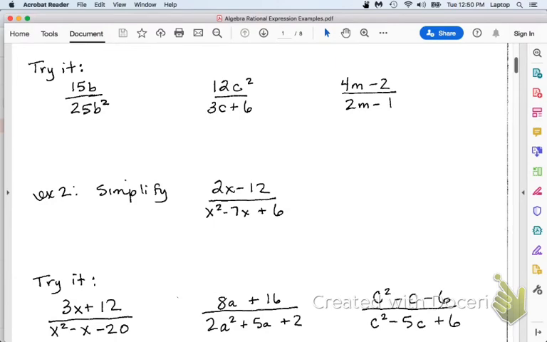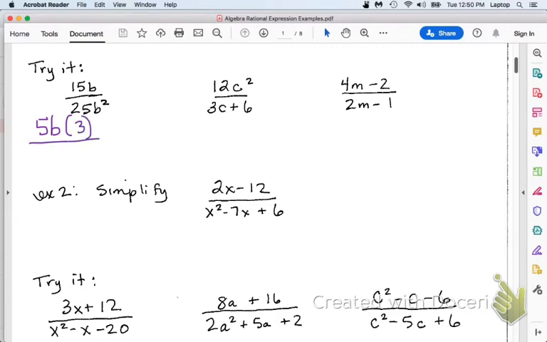Okay, we'll start there. All right, so here's several that you can try to make sure that we're understanding the concept. When I look at the numerator and the denominator, I'm looking for things that I can cancel. I know that 15 and 25 both have a common factor of 5, and then there's b as a variable in the numerator and denominator. So I could factor out a 5b from the numerator, and I'd be left with 3.